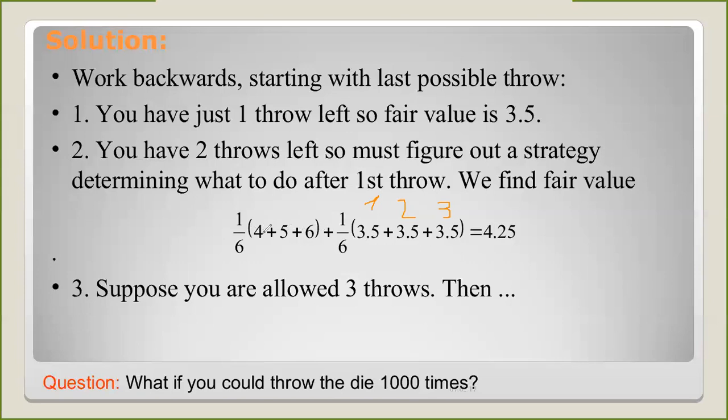We say stop the game: if you see 4, stop, our win is 4; 5, stop, our win is 5; 6, stop, our win is 6. But if you see 1, it is not stop. We go on and throw the die again, but the mathematical expectation is 3.5.